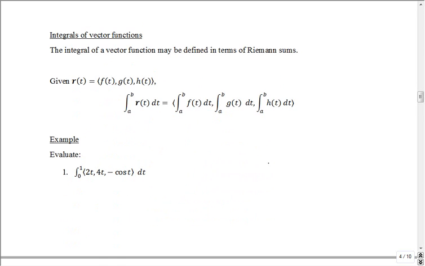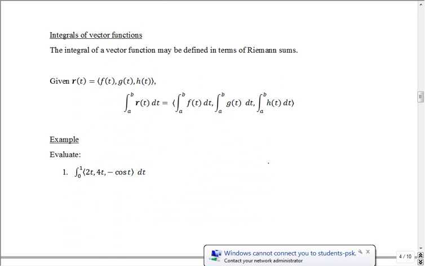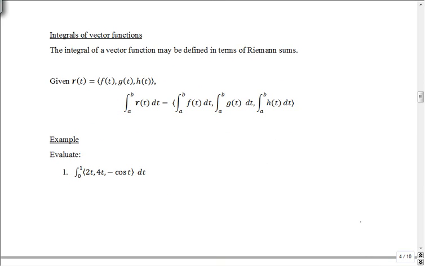Oops, there's not much space here. Okay, evaluate this. Alright, so let's put our square brackets. What is the integral of 2t? T squared. What is the integral of 4t? Nice.